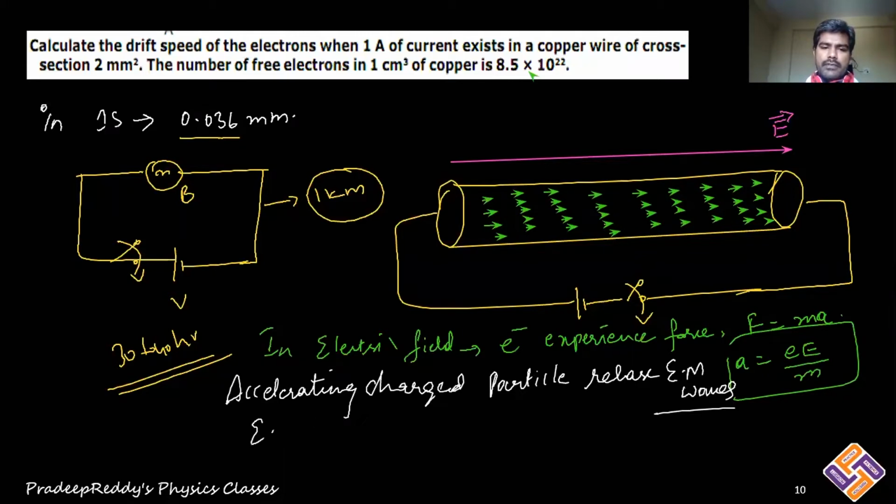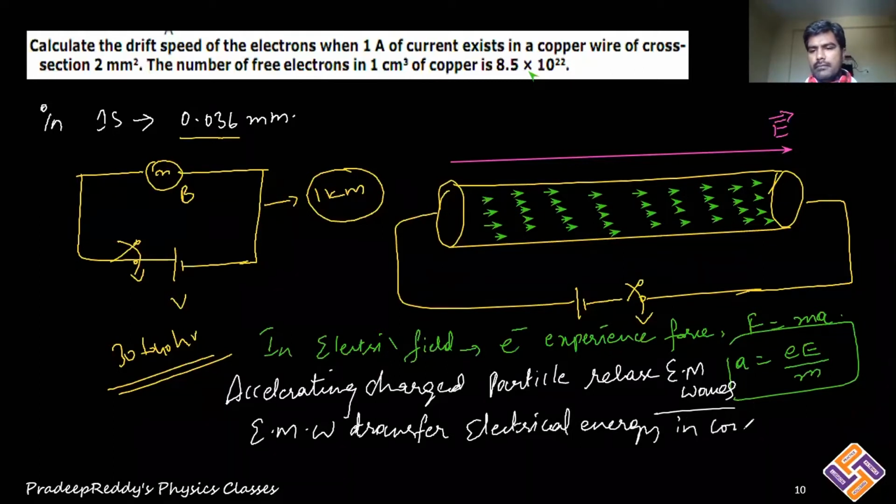Electromagnetic waves transfer electrical energy in the conductor, right? So here it is actually not charge being transferred. It is energy being transferred in the conductor, and that energy is electrical energy.